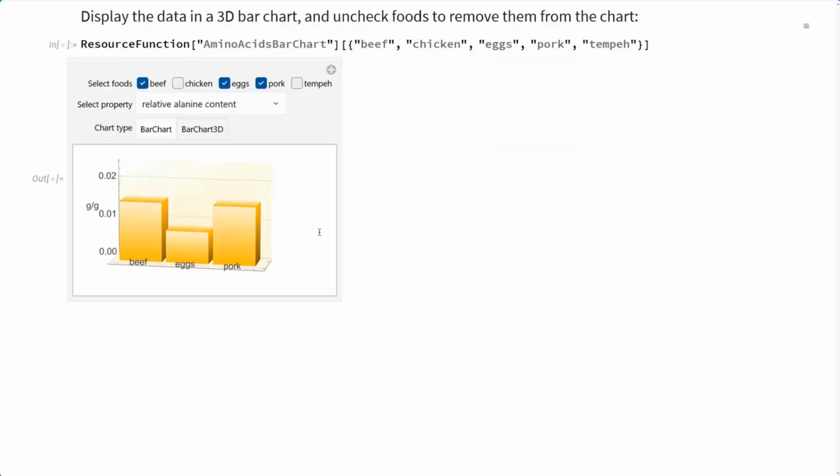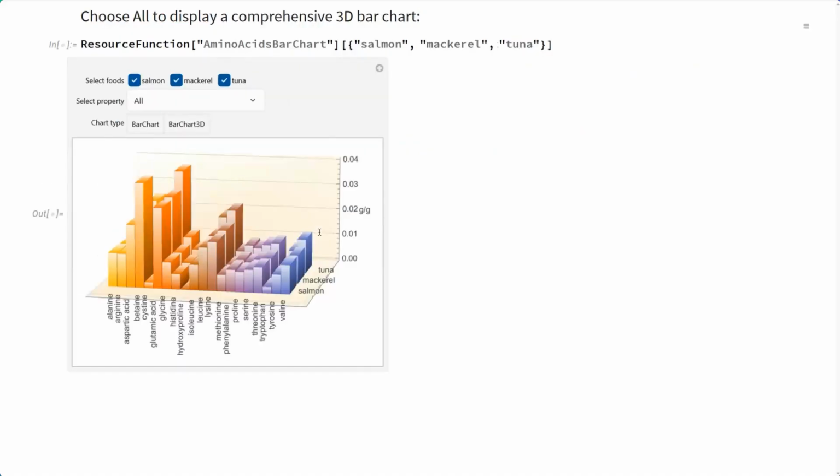So you can display the data like we just did, but in 3D, there's a 3D option. And a really nice feature is if you choose all in the drop-down box, you'll get a comprehensive 3D bar chart of all the amino acids for those foods listed. So that's really helpful. And you can see in this case, I'm using those high fatty fish, salmon, mackerel, and tuna as the example.